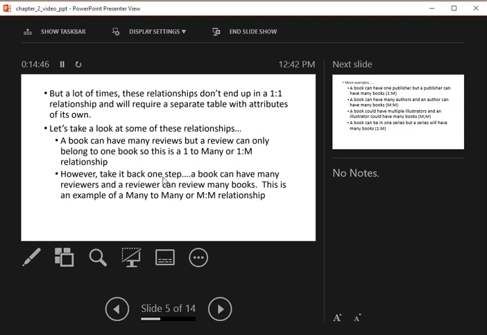So let's take it back one step. A book can have many reviewers, and a reviewer can review many books. So back to the Harry Potter example, chances are those are 20,000 different unique people who have reviewed that book. But it's unlikely that that's the only book that they've ever reviewed. They've probably reviewed hundreds of others.